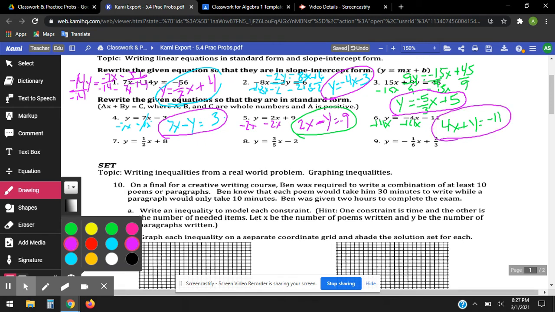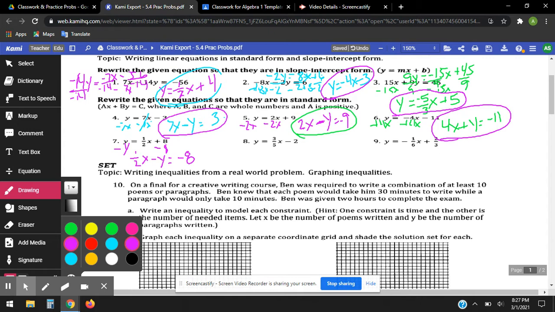Okay, so here our x is positive, so I want to keep it positive. So I actually am going to switch the 8 and the y. So I'm going to leave it as 1/2 x minus y equals negative 8. And so that works that way. We've got to have it be a whole number.